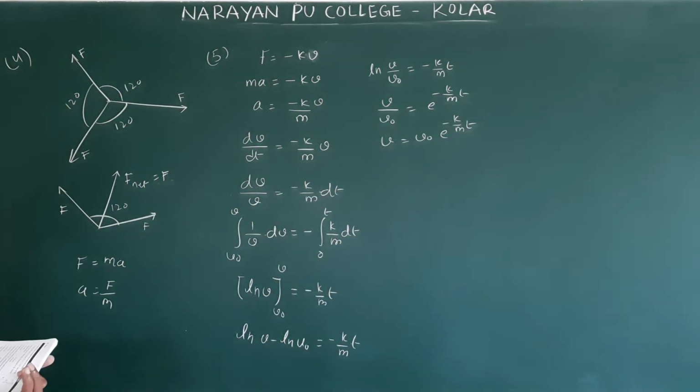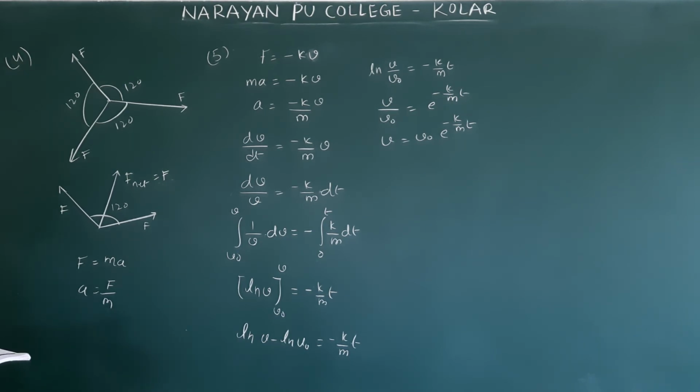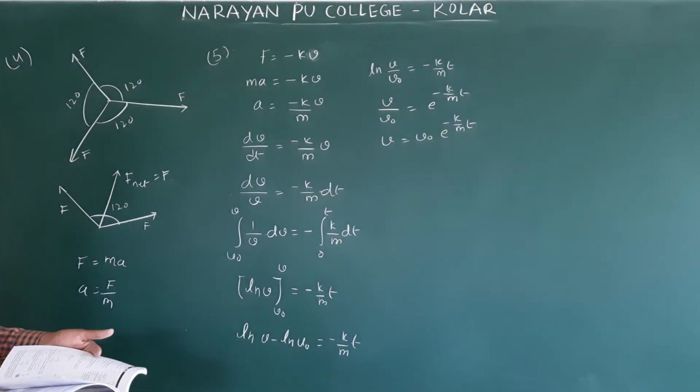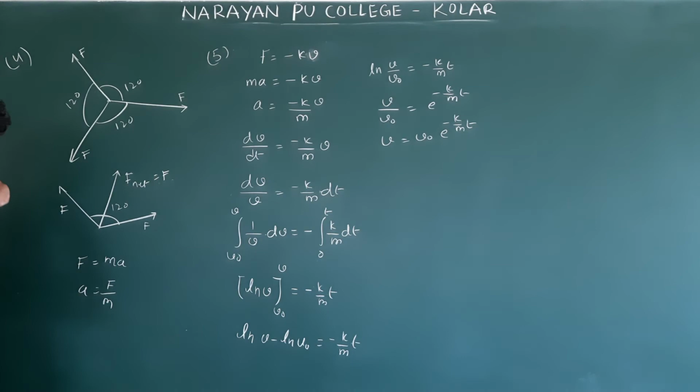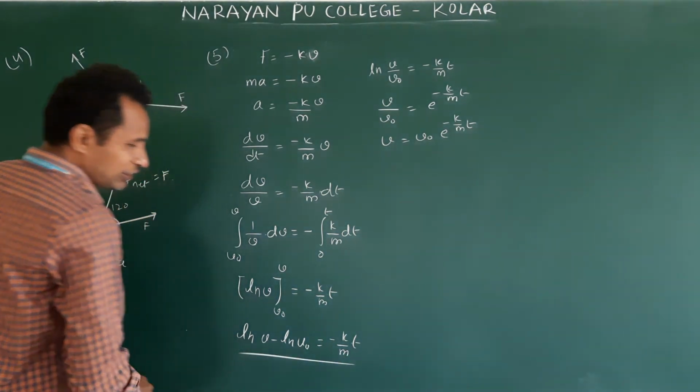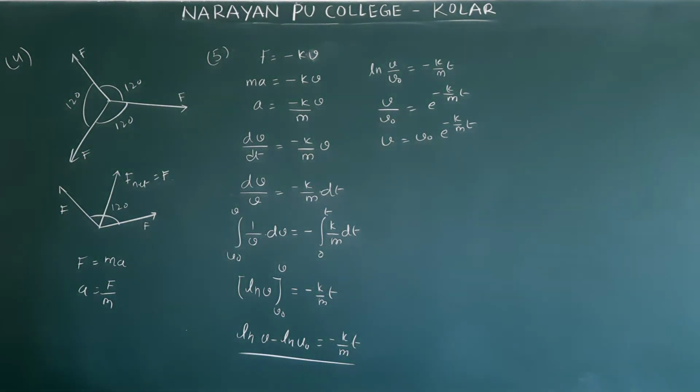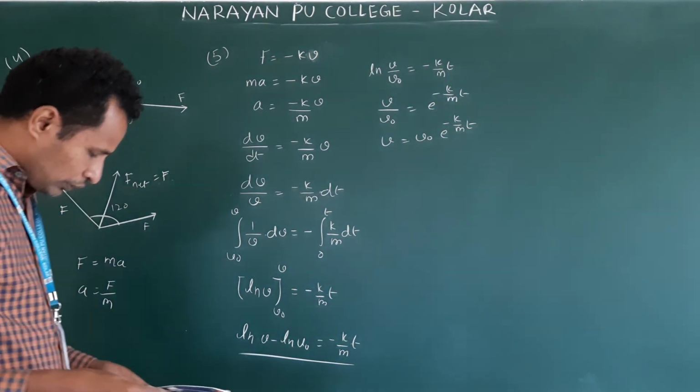This is the required formula or answer. What is the fifth question's answer? v = v0 e^(−kt/m), right? Okay, once you know integration, you will know how to do the conversion. These are all in mathematics, so till then you don't worry. Next, the sixth one.